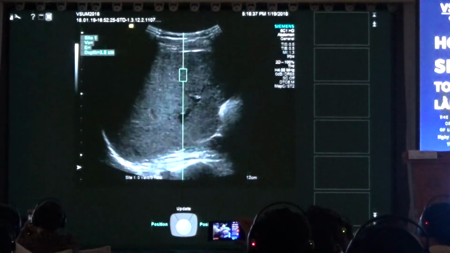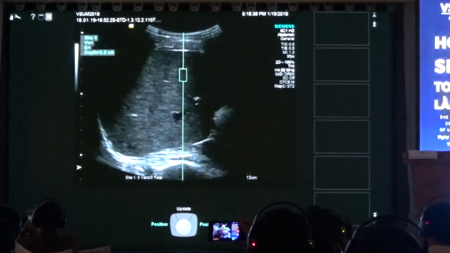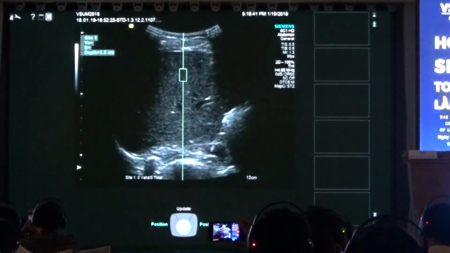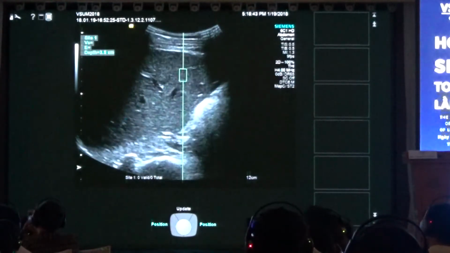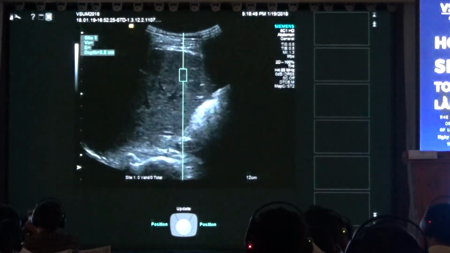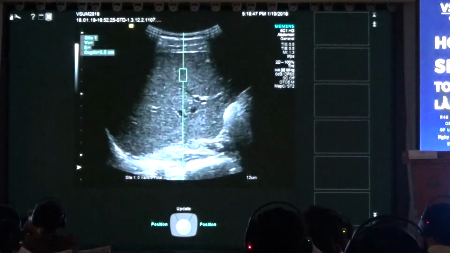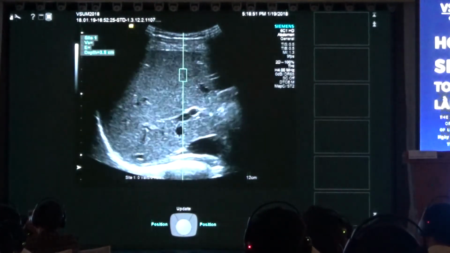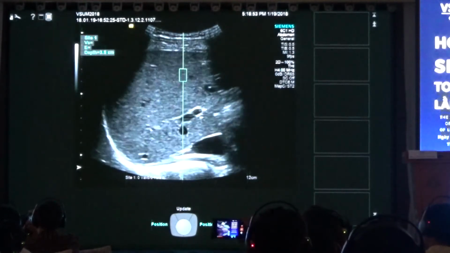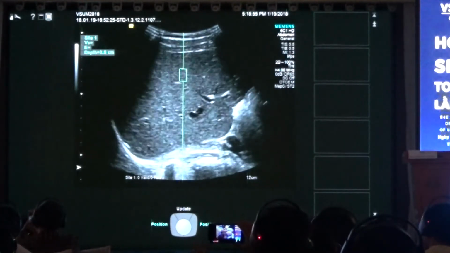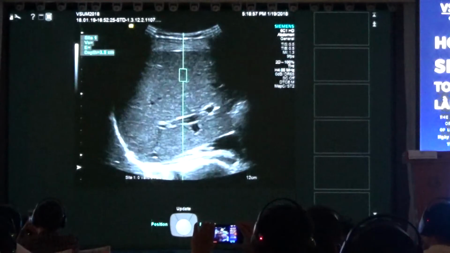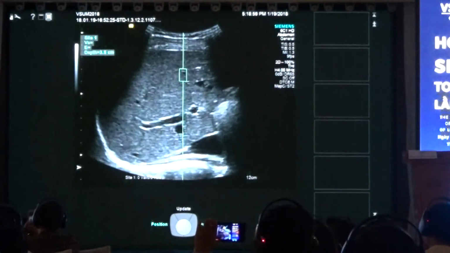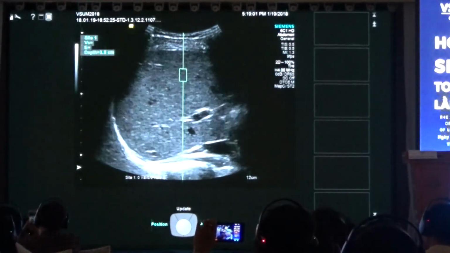One thing, if you have problems sometimes in a lower intercostal space, and you have the choice of this intercostal space or one higher, in practical experience this one is almost the better one to get the results.